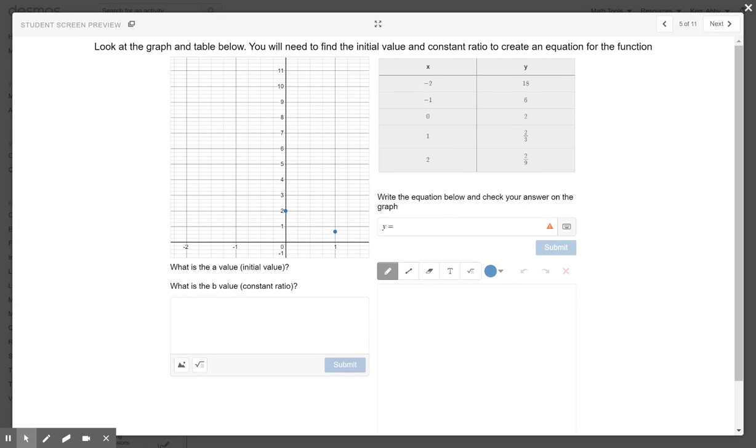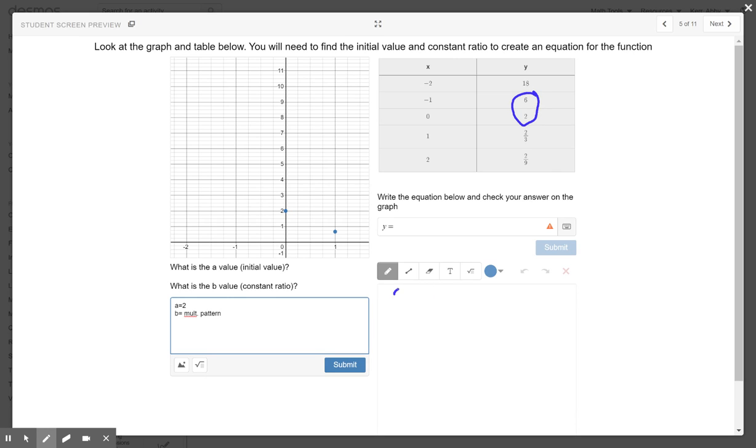All right, slide number 5. Our A value, once again, is our y-intercept. So you can find that on the graph or in the table. And the B is our multiplication pattern. Okay, so I don't want to pick any of the fractions.